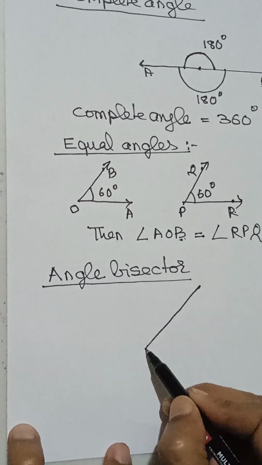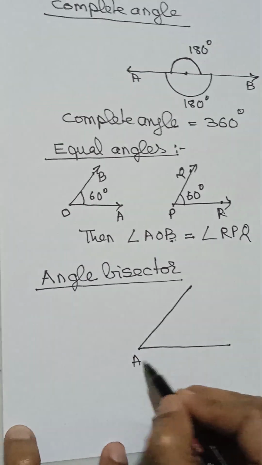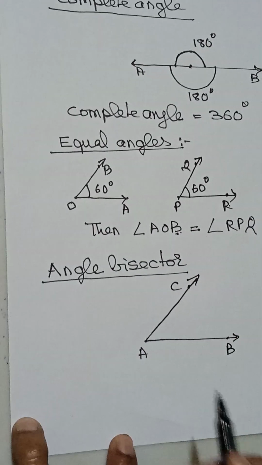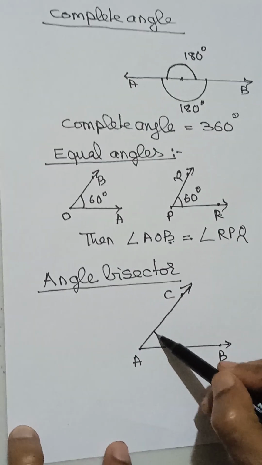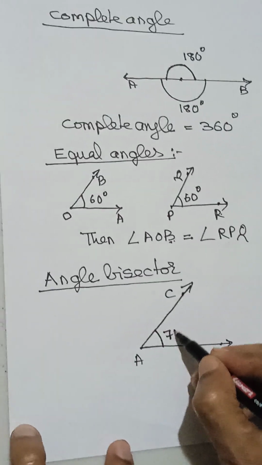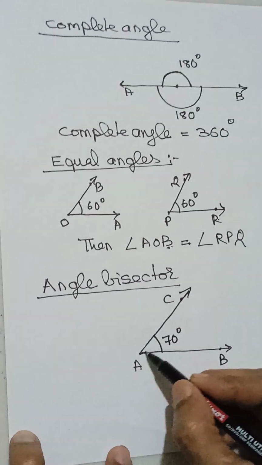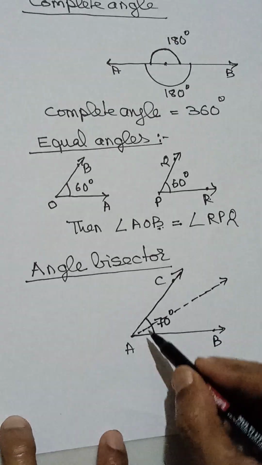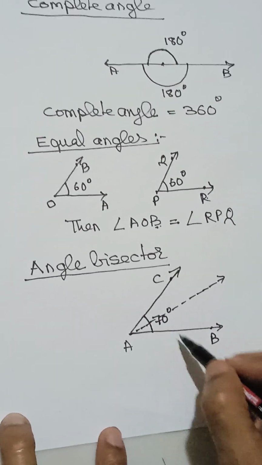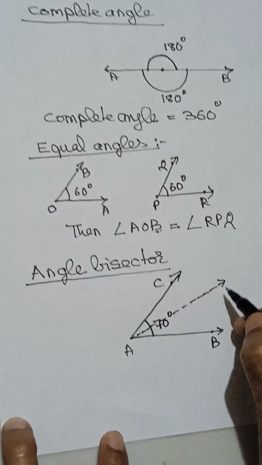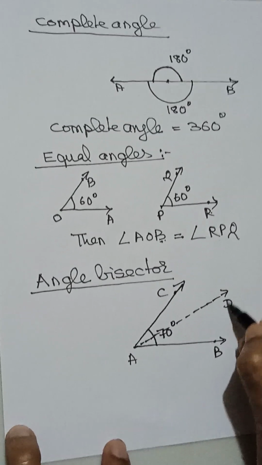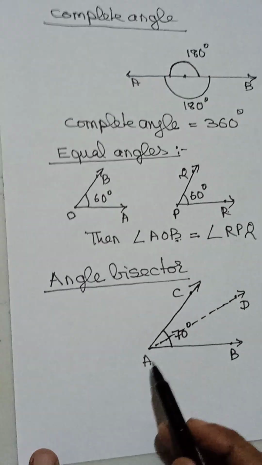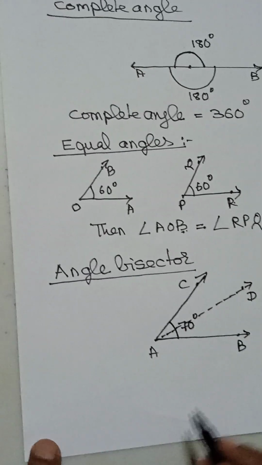So suppose there is an angle A, B and C. Suppose it is 70 degrees. Now from the vertex, if we draw any line such that it divides 70 degrees into two equal parts, it is called an angle bisector. So here AD is the angle bisector which divides angle BAC into equal parts.